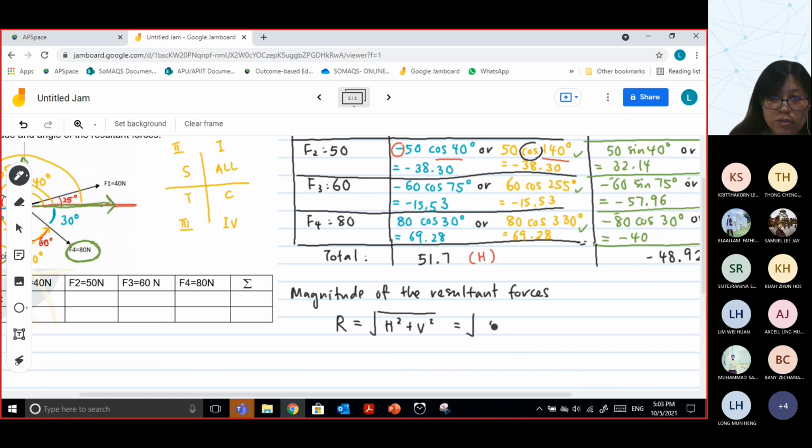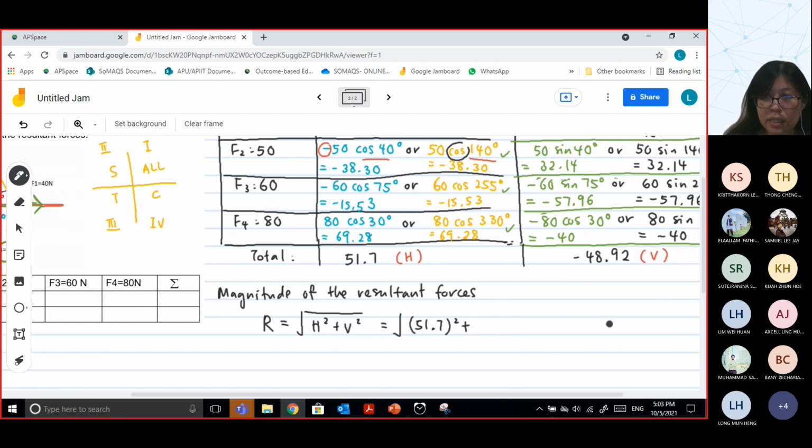The H is 51.7, and V is actually negative 48.92.